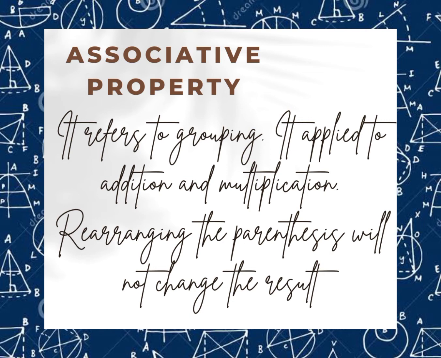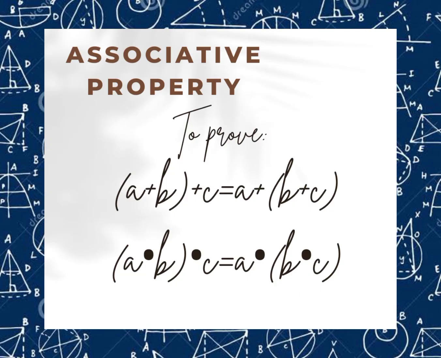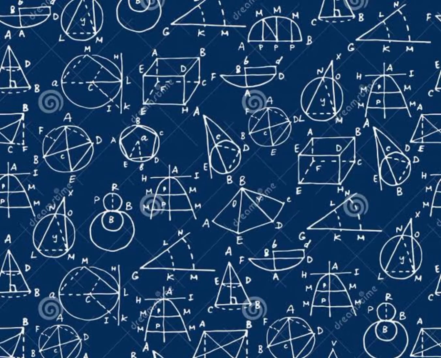It refers to grouping. It applies only to addition and multiplication. It is defined as rearranging the parentheses will not change the result. To prove, here is an example. But it does not hold for subtraction or division because the definition may not suffice.